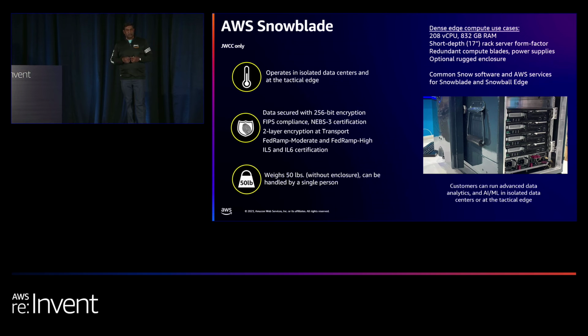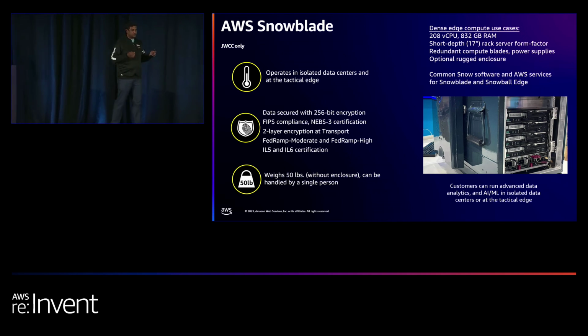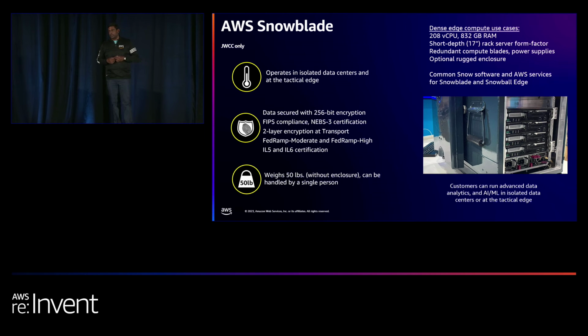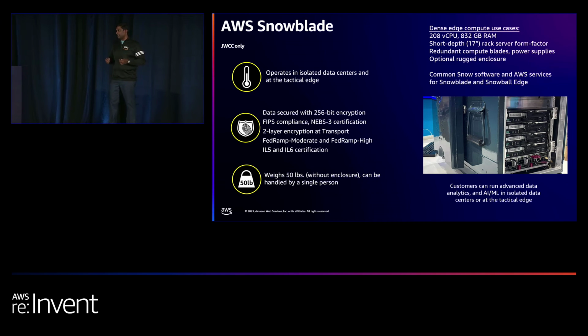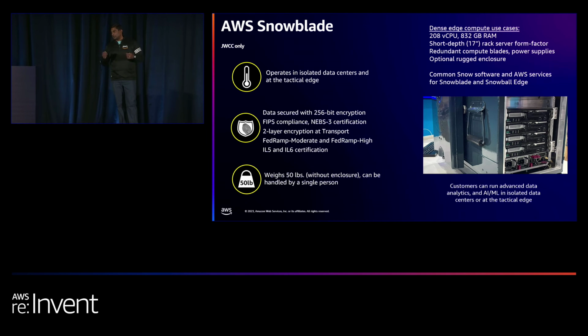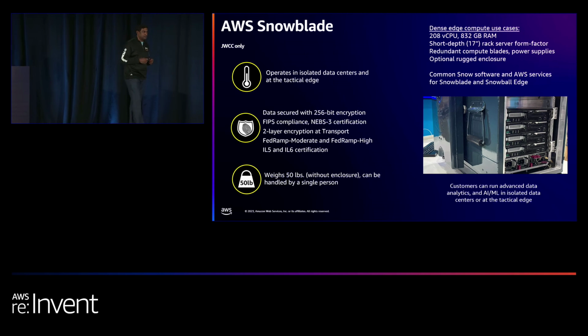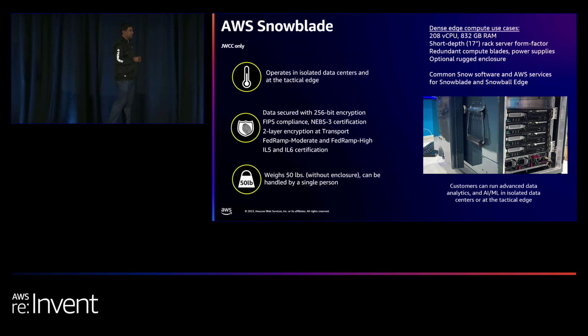Snowblade also has an optional enclosure. The graphic you see on the slide shows it with that optional enclosure, which is MIL-STD-810H certified. So now when you're operating Snowblade outside of that isolated data center, maybe at the back of a truck, maybe at the forward military base, you can use that MIL-STD-810H enclosure to provide additional ruggedization and protection.